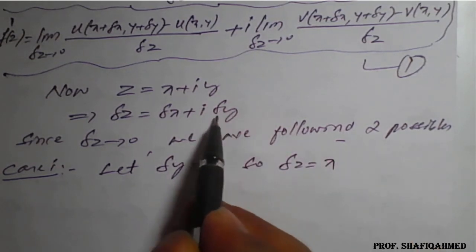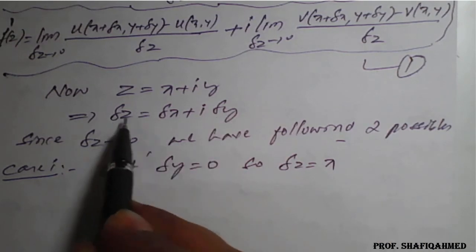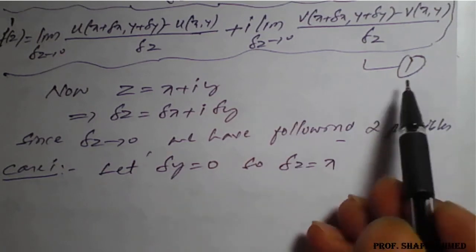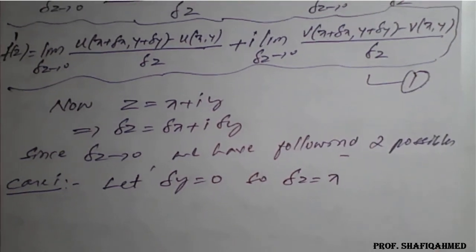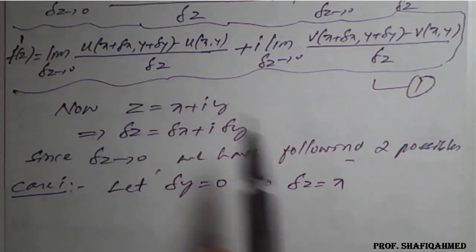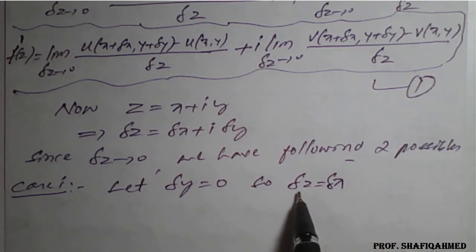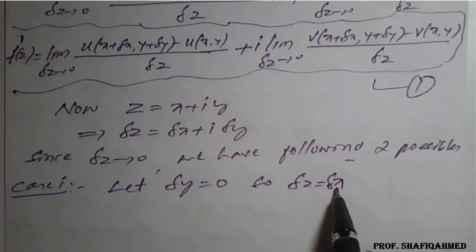This condition will apply in our equation number 1, so you have to be careful. In equation number 1, we have to put delta y equal to 0 and replace delta z by delta x.